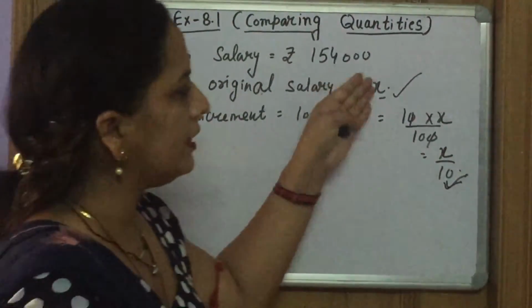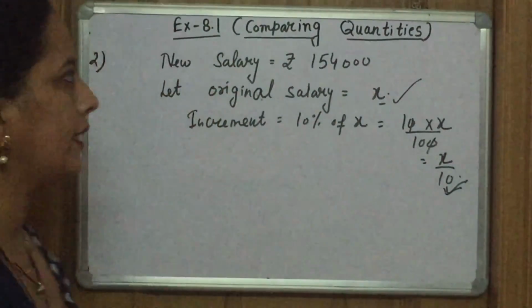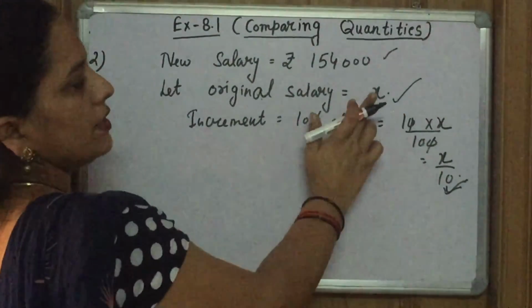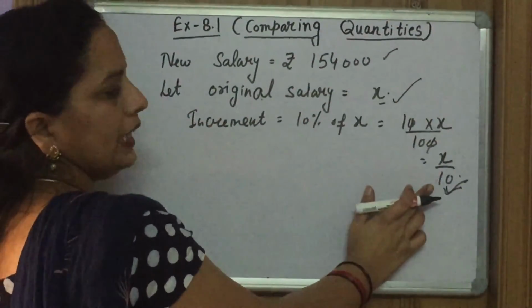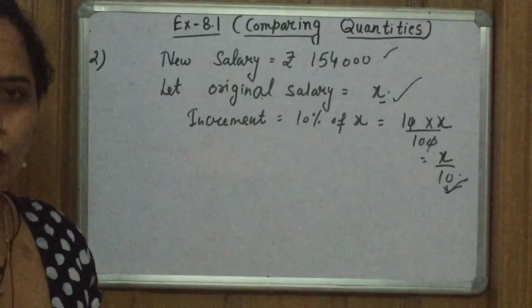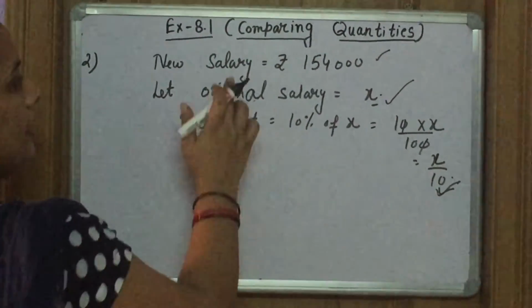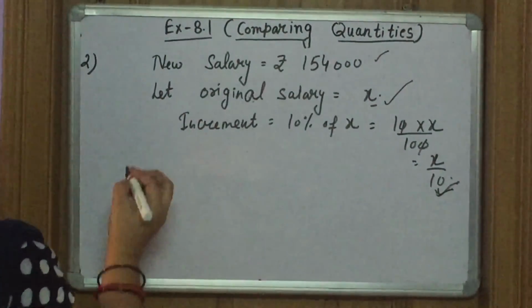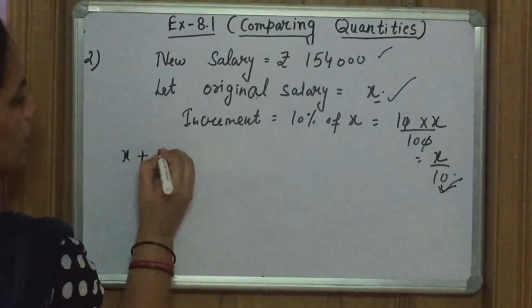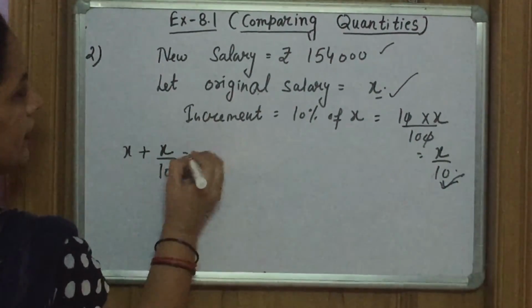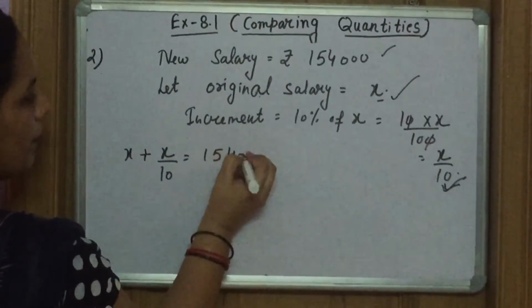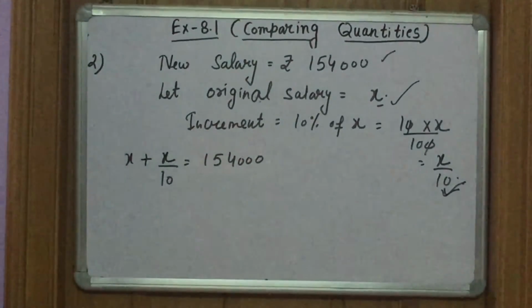When we add these two numbers, then we get his new salary. So we can say that X plus X by 10 is equal to the new salary.